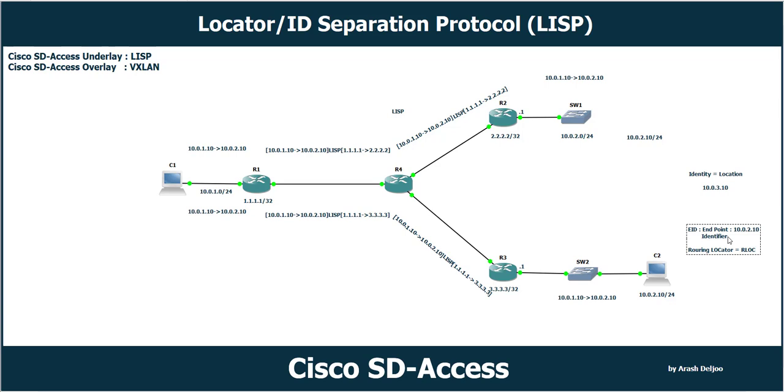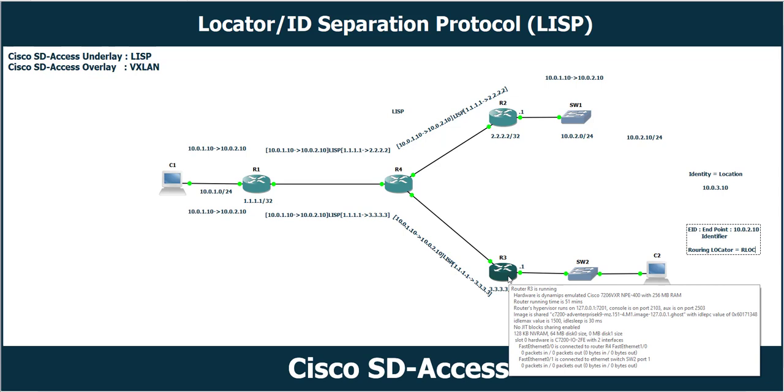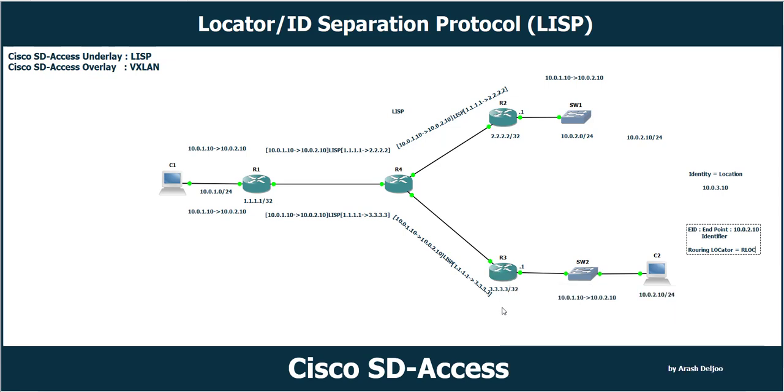About the RLOC, in this scenario the first step was quad 2, and the second step was quad 3. What does it mean? It means that we are separating the identity and location with LISP.